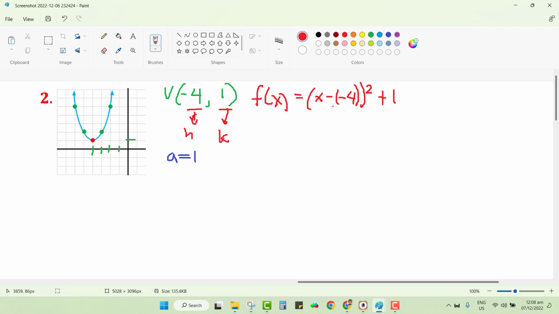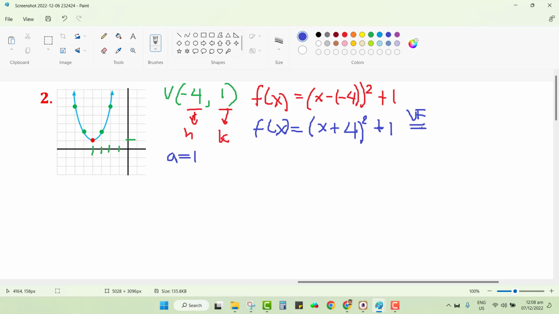In short, here you will see a double negative, and your final vertex form should be given in this form. It will become the square of x plus 4, plus 1. This is your correct vertex form.